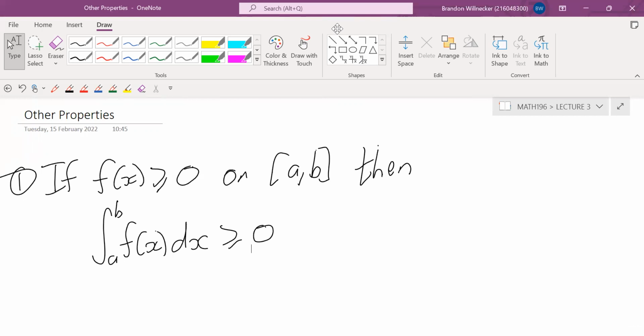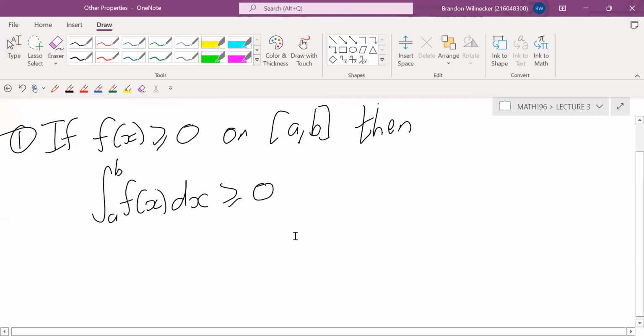If the function is positive, then that gives us a positive area, in other words, a positive definite integral. If the function is negative, then that gives us a negative definite integral. And if the function is both positive sometimes and negative some other times, then the definite integral means the net area. In other words, the positive area contribution minus the negative area contribution.